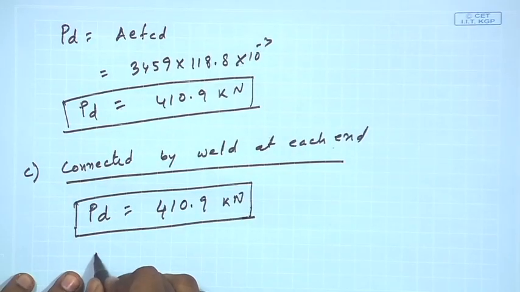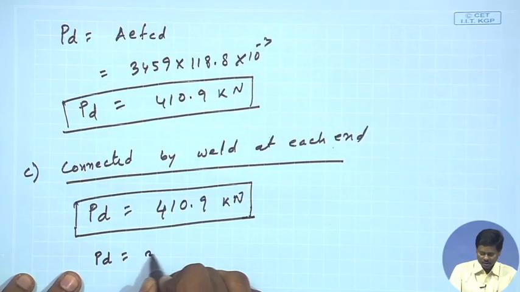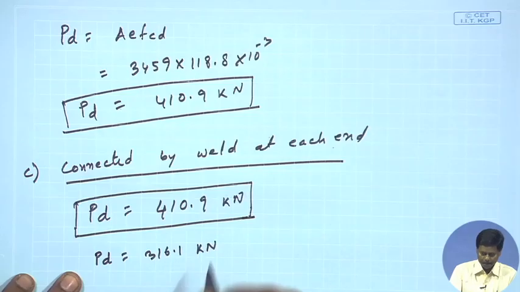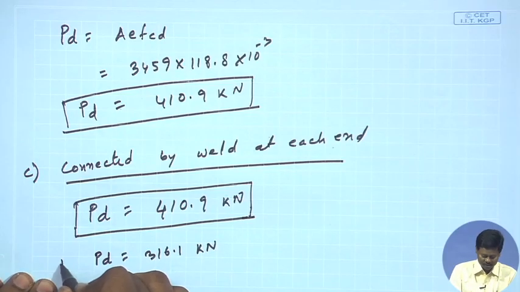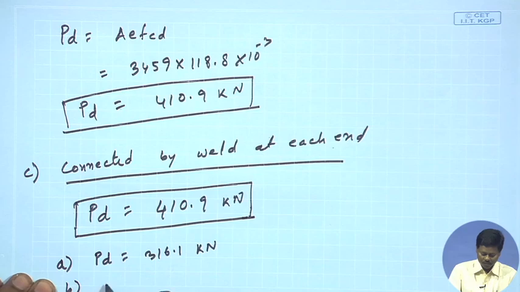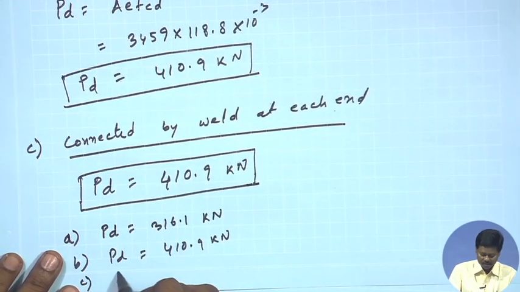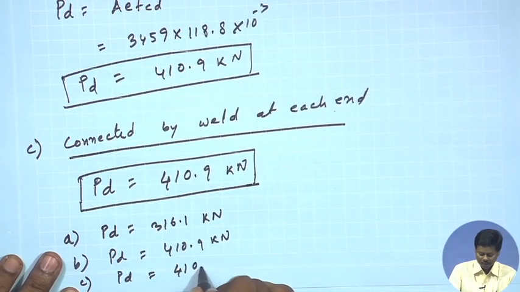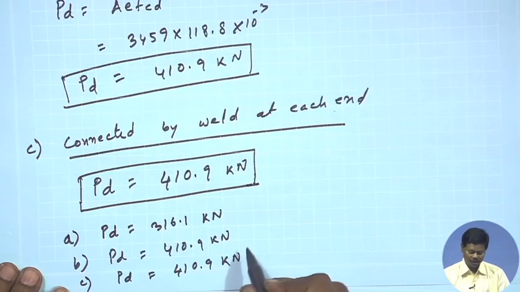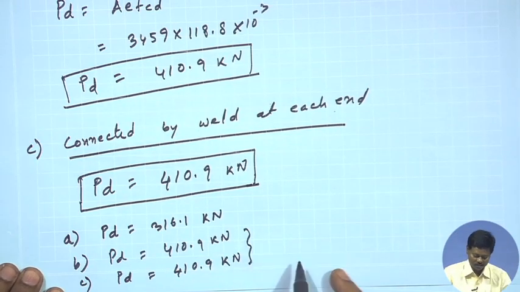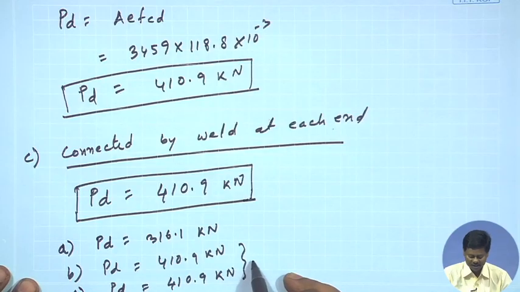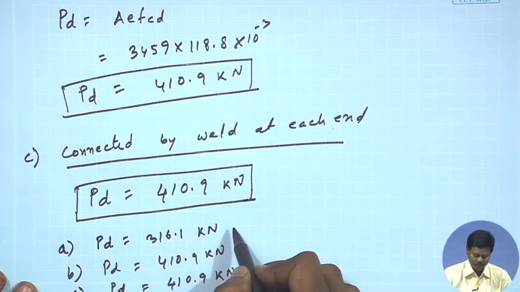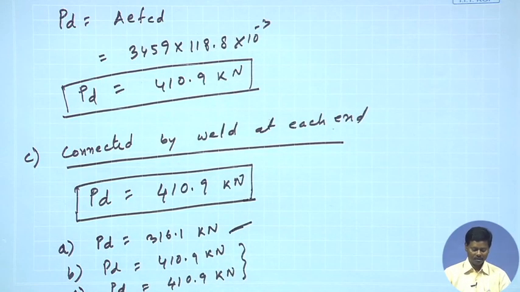So, what we have seen here, that PD value for first case we got 316.1 kilonewton, and for second case we got PD is equal to 410.9 kilonewton, and in third case PD value we got 410.9 kilonewton. That means, when 2 bolts or weld connections are used, the design strength is becoming higher compared to the 1 bolt connections, right.